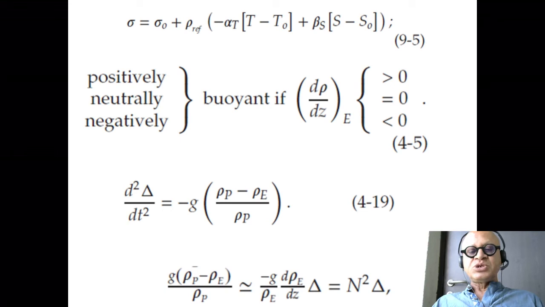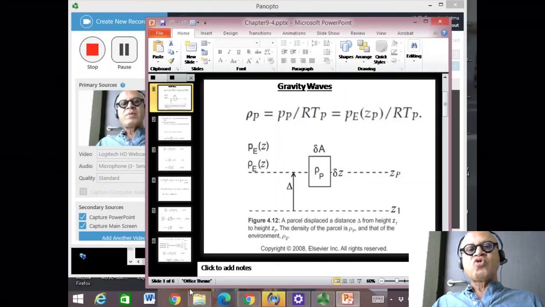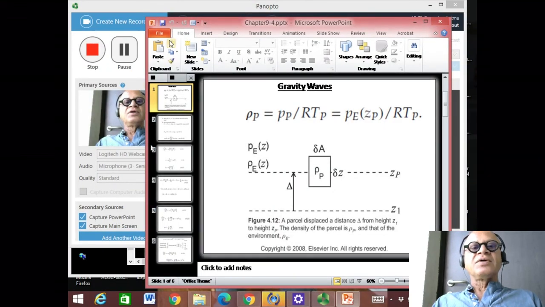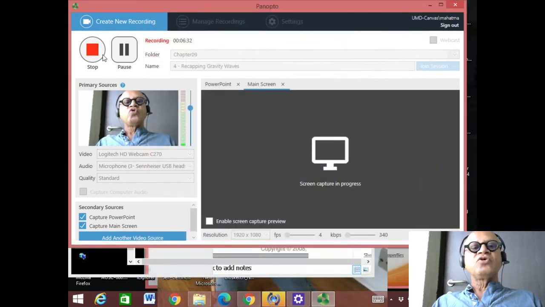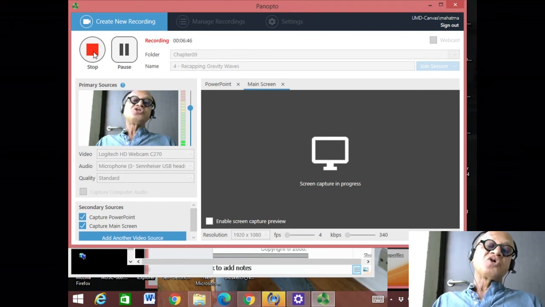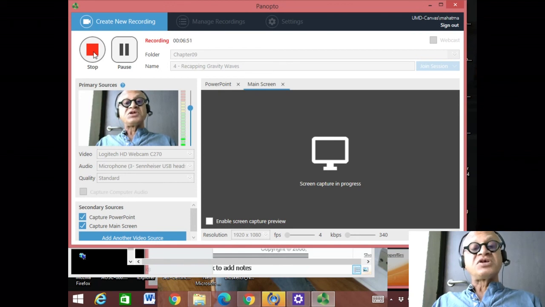Going back to this relation, we write it in terms of rho, because in the ocean it's convenient to go back to density. In the atmosphere we kept getting rid of density and going into pressure and temperature, because density is a very inconvenient variable to carry. But in the ocean, if it's incompressible, then density is not a big problem anymore, because remember, even the continuity equation could be approximated as a non-divergence equation, right?